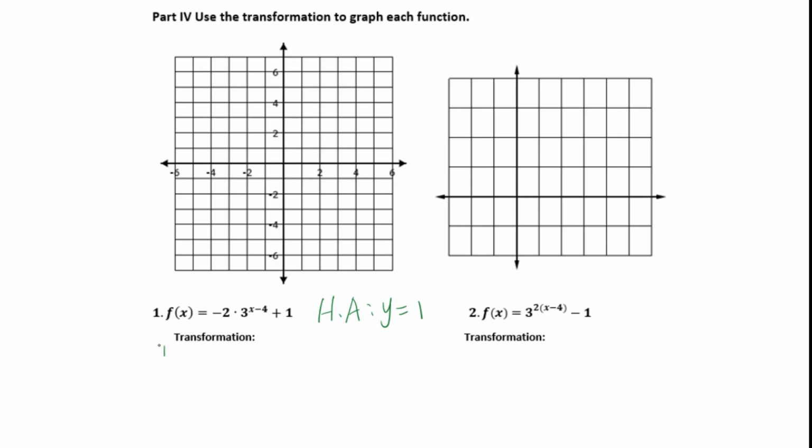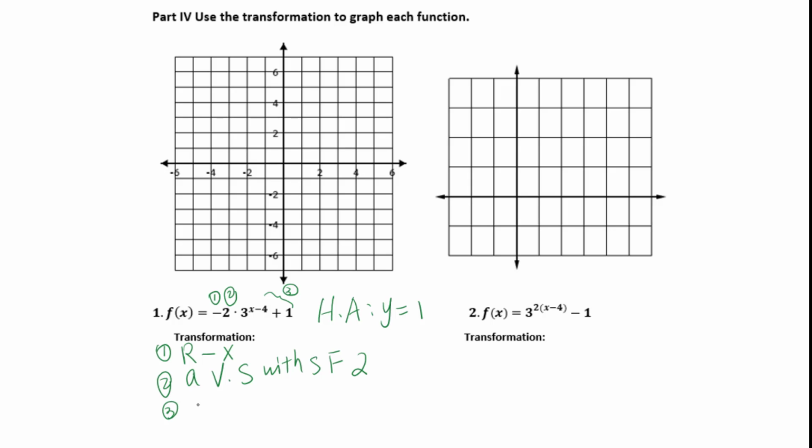For the transformation, we have 1, 2, 3, 4. For the translation, we will use a vector. For the first step, reflect across the x-axis. For the second step, a vertical stretch with a scale factor of 2.